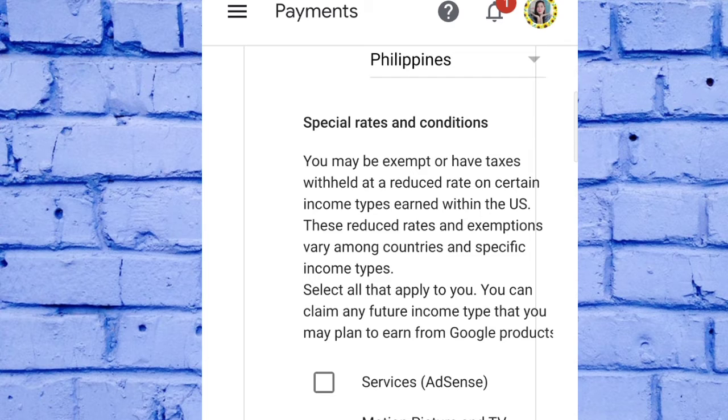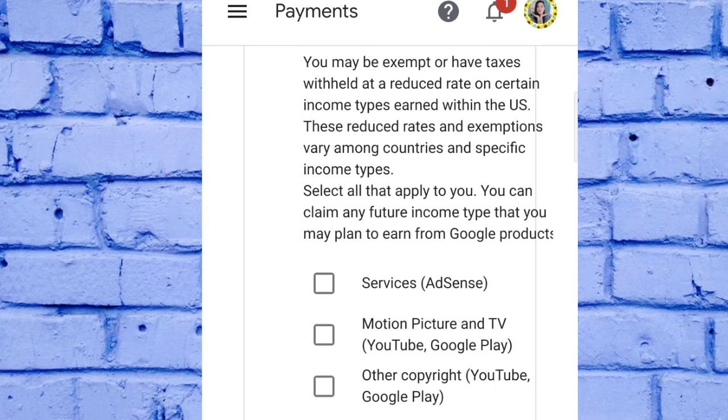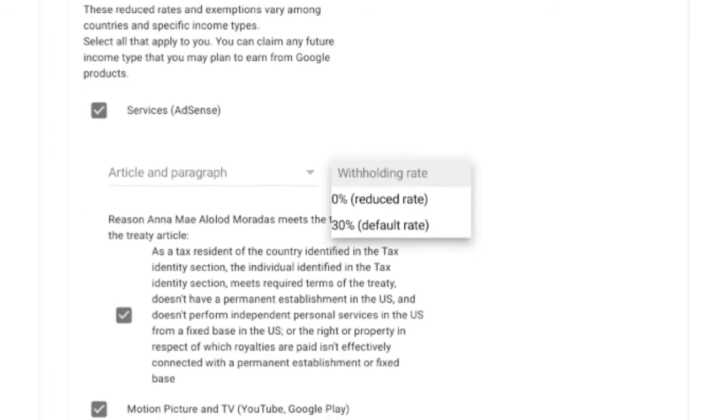So, dito, special rates and condition. You may be exempt or have taxes withheld at a reduced rate on certain income types earned within the U.S. These reduced rates and exemptions vary among countries and specific income types. Select all that apply to you. You can claim any future income type that you may plan to earn from Google products. So, services, AdSense. So, i-check.